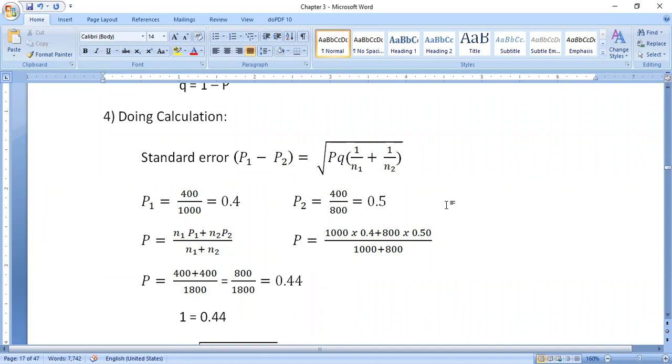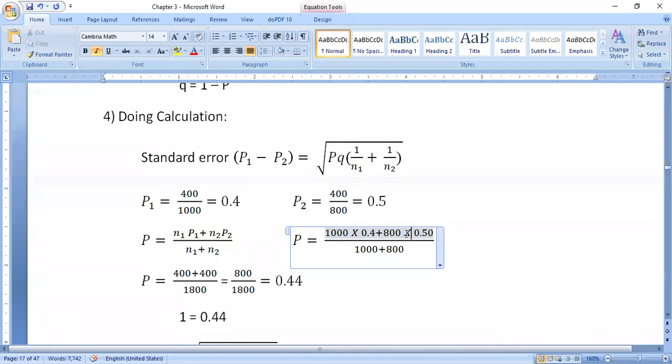This is the formula to get the value of P, that is the probability of success. Here N1 from town A is 1000 into P1, which is given, that is 0.4, plus 800 into 0.5.